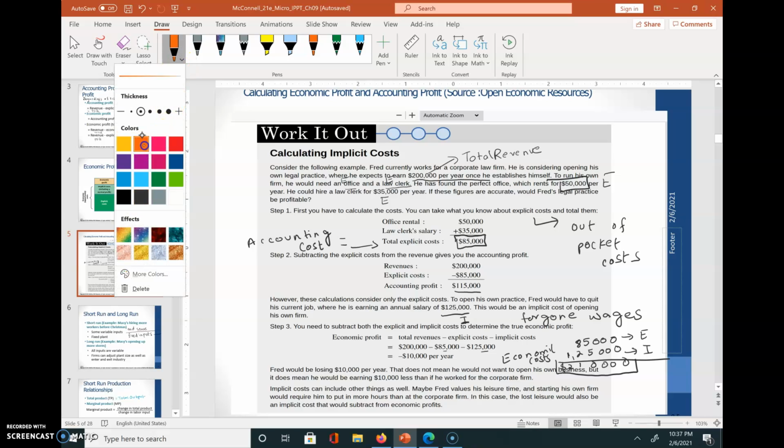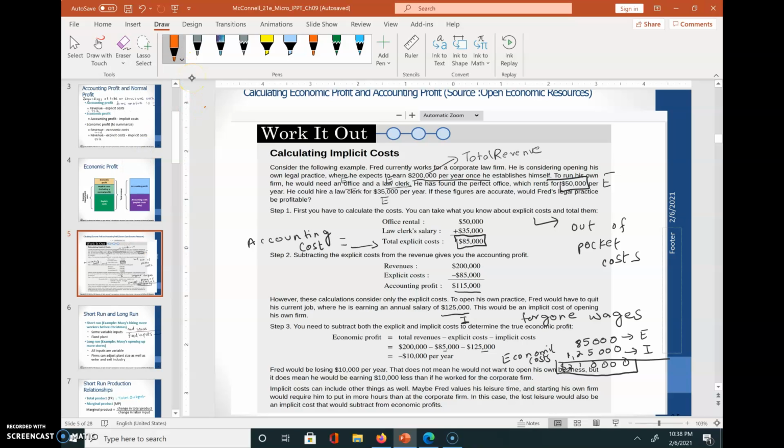The next thing I'm going to do here is calculate the economic profit. So from the total revenue I take off the economic cost. Looks like I have an economic profit of negative 10,000 per year. This I can compare with the accounting profit.